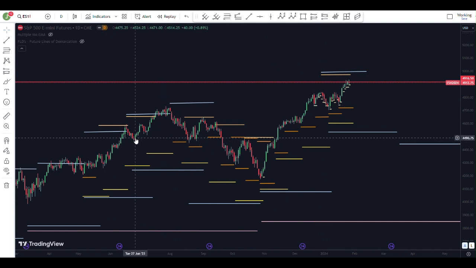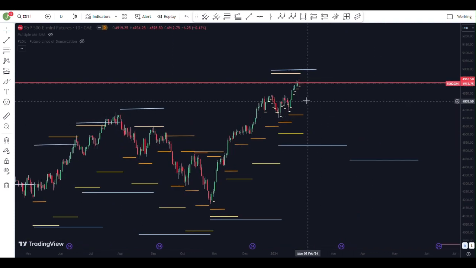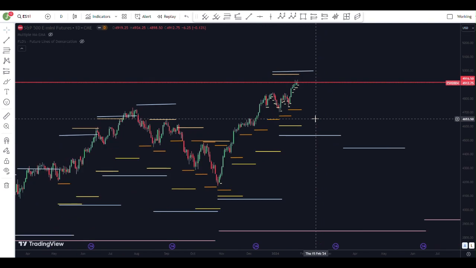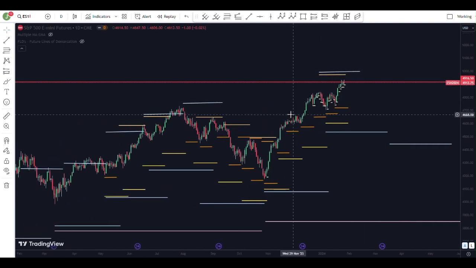And then the price action in the following cycle, very similar. We get a first push up pretty much to the high, and then we break above. And then in the third orange cycle, we make another high, and that's when we actually roll over in this cycle. We're about to move into the third orange cycle here, where I think we're going to make another high, and then we may potentially roll over.